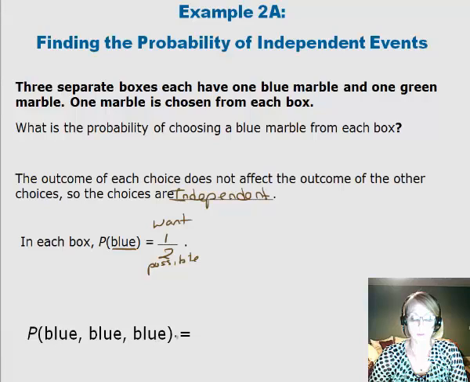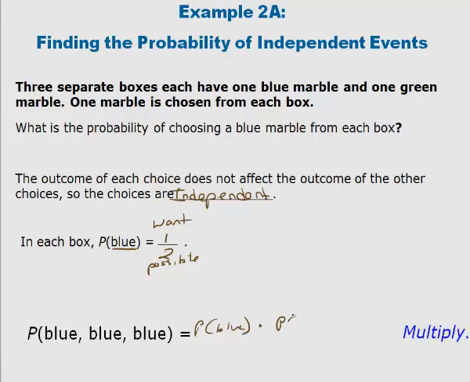Probability of blue, blue, blue is the probability of blue times the probability of blue times the probability of blue. So it's 1/2 times 1/2 times 1/2.